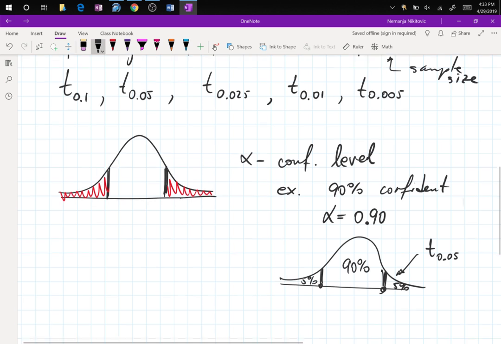If alpha is equal to 99%, then you will be looking for T of 0.005, because 0.005 plus 0.005 is 0.01, which is 1%, plus 99 is 100. So you have to be very careful.